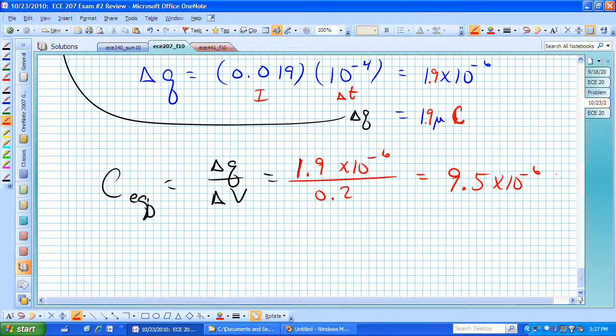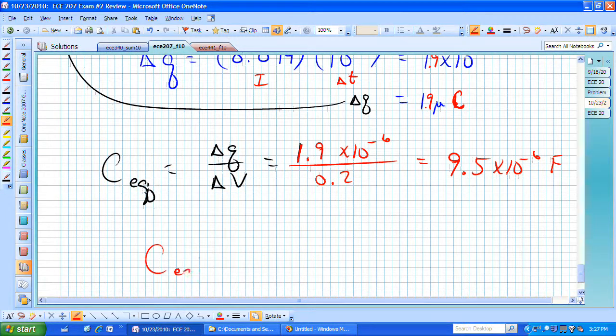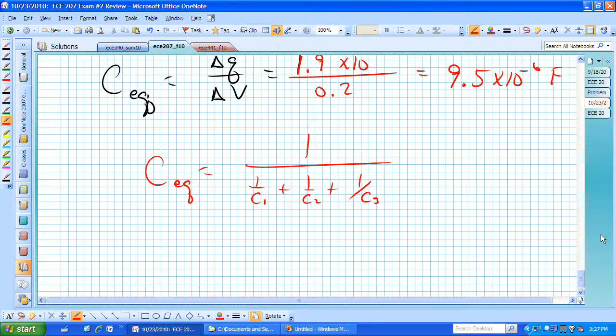And now, since this is capacitance, that's in farads. Since C equivalent was equal to the reciprocal of 1 over C1 plus 1 over C2 plus 1 over C sub 3, we know everything in that expression except for the C sub 3 value.